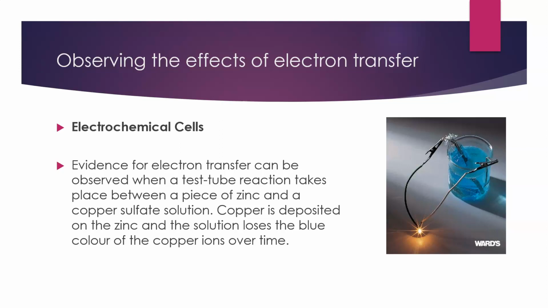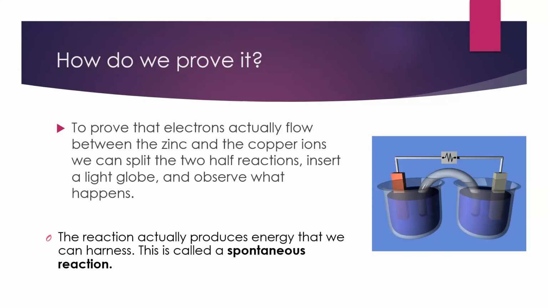Okay, so if we were to place a zinc electrode into a copper solution, we're going to see this reaction happen. So by separating these with a glass wall in between them, obviously the electrons can't flow through the glass. We split the two half reactions, insert a light globe or a voltmeter in the circuit, which is what this is indicating here, and observe what happens.